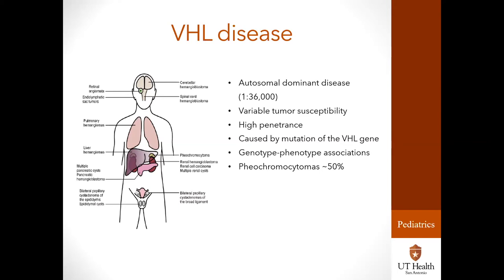Pheochromocytomas are, in fact, the basis of this classification. The disease is associated with low risk of pheochromocytomas, considered type 1, and high risk of pheochromocytomas, considered type 2. These pheochromocytomas overall represent about 50% of the patients with VHL disease.